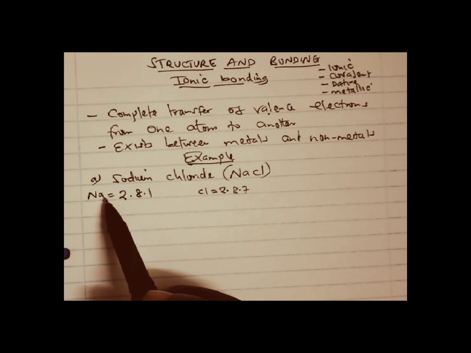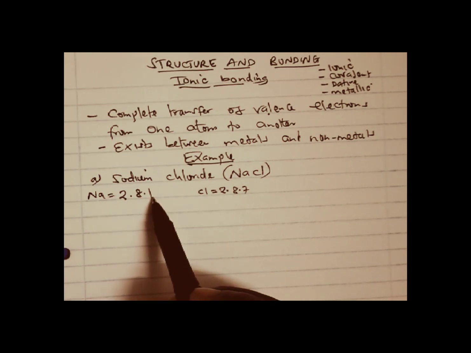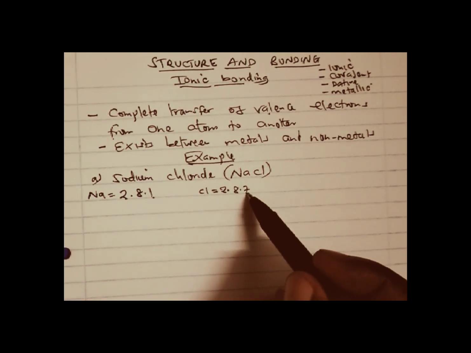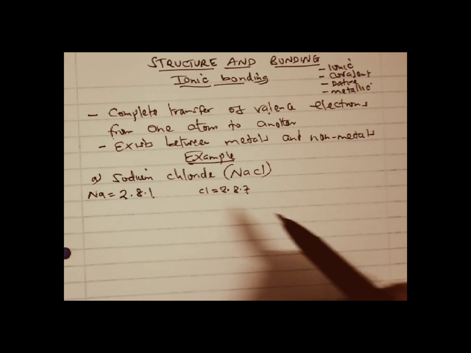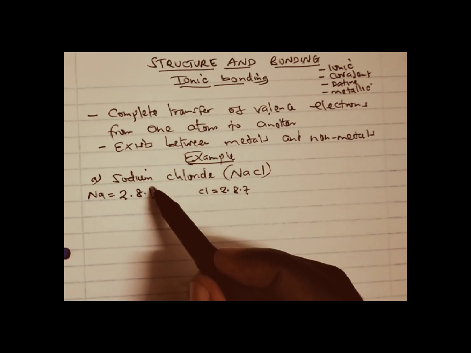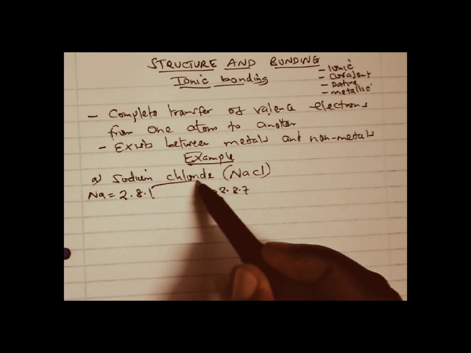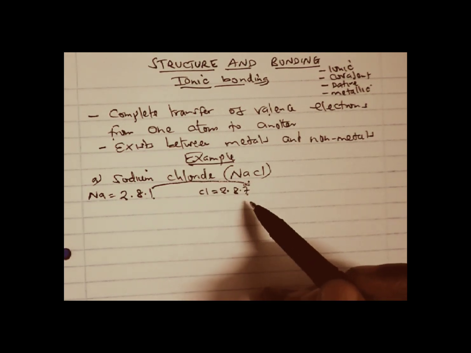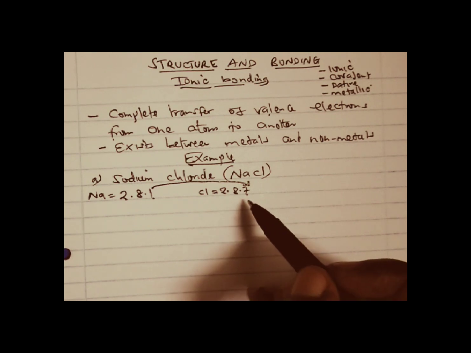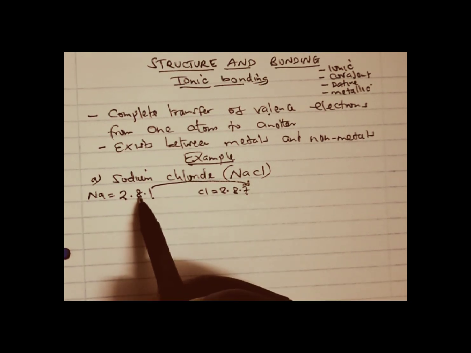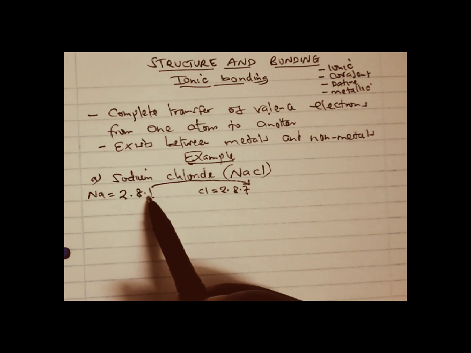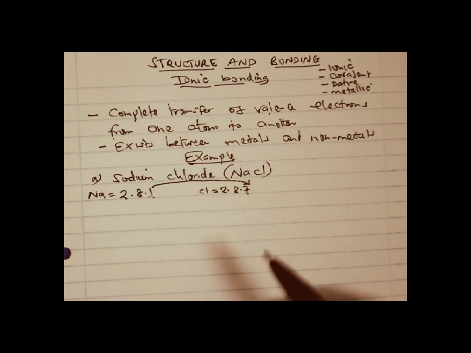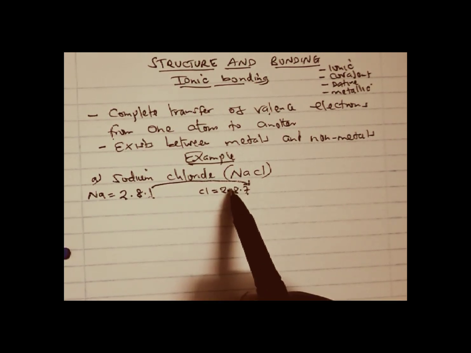For sodium to be stable, it has to lose 1 electron, and for chlorine to be stable, it has to gain 1 electron. When sodium loses its valence electron, chlorine is going to gain that 1 electron in order to become stable. In this case, we can say sodium has transferred its 1 valence electron to chlorine, leading to the formation of an ionic bond.